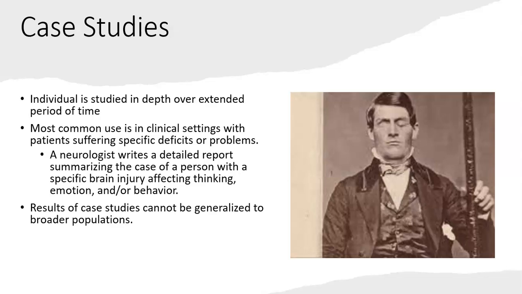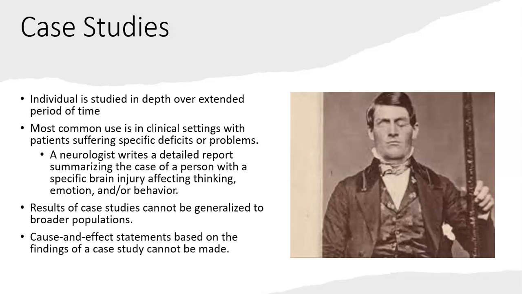A lot of clinical case study work, even though ultimately what you might want to be able to say is that you understand cause and effect. For instance, Phineas Gage had some pretty notable changes in personality after his injury. Now, you could suggest, based on his case, that the fact that the injury caused damage to his frontal lobe, perhaps those are related.